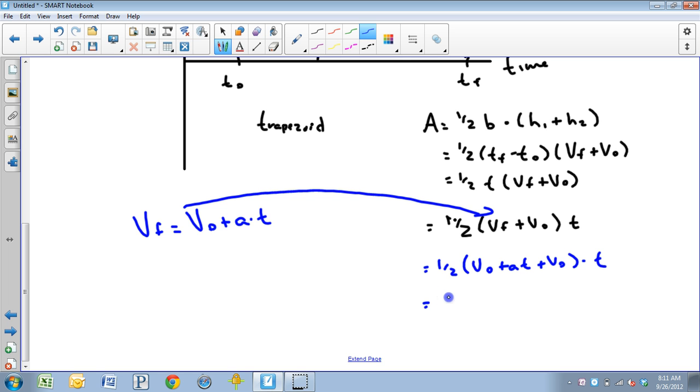And if I combine and expand this, I get 1/2 (2V0 + at) times t, or V0 times t plus 1/2 at squared. And this is our area. Now, what does this area represent?